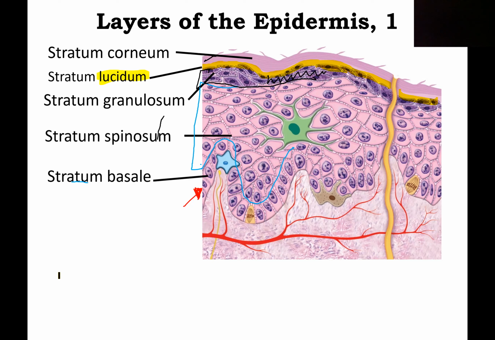And then on the surface, you have stratum corneum. That's the superficial layer of dead cells. When you exfoliate, you scrape off the surface.